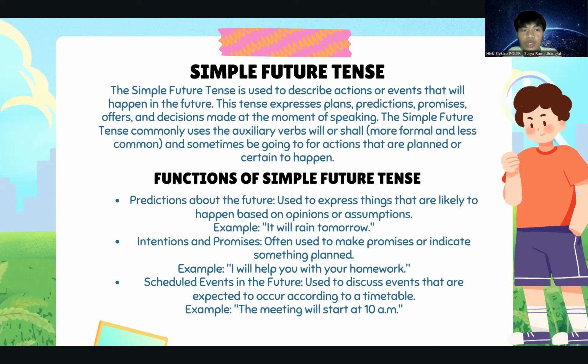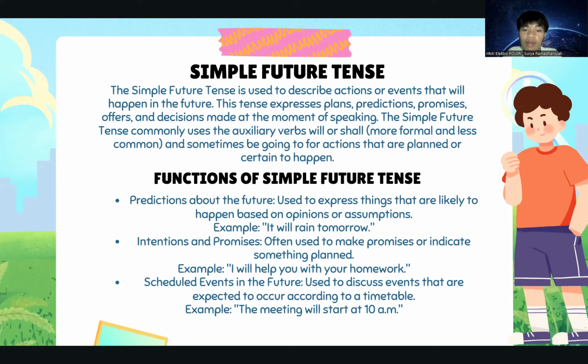So what is the function of simple future tense? Number one, as prediction about the future, used to express things that are likely to happen based on opinions or assumption. Example, it will rain tomorrow. Number two, intention and promise, often used to make promise or indicate something planned.